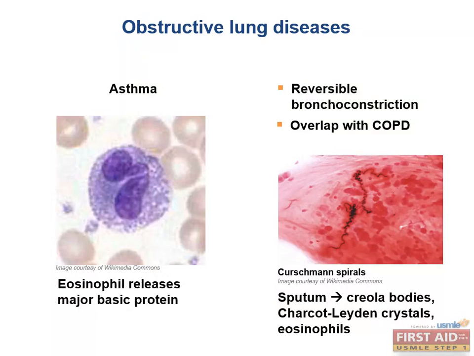Eosinophils release major basic protein, which causes epithelial cell damage and bronchospasm in asthma. In allergic asthma, you will also see Th2 cytokines, like IL-4, IL-5, IL-10, and IL-13. If you don't know which cytokines drive allergic inflammation, go back to the immunology section for a quick review.